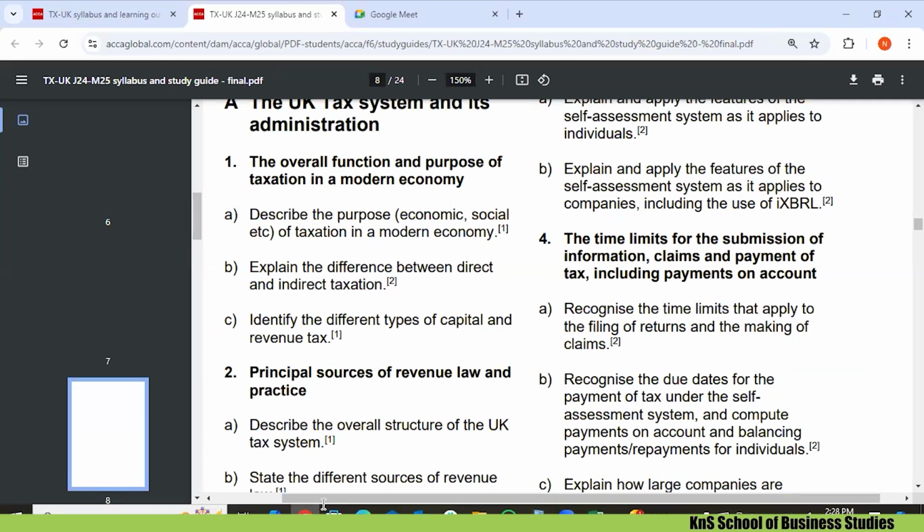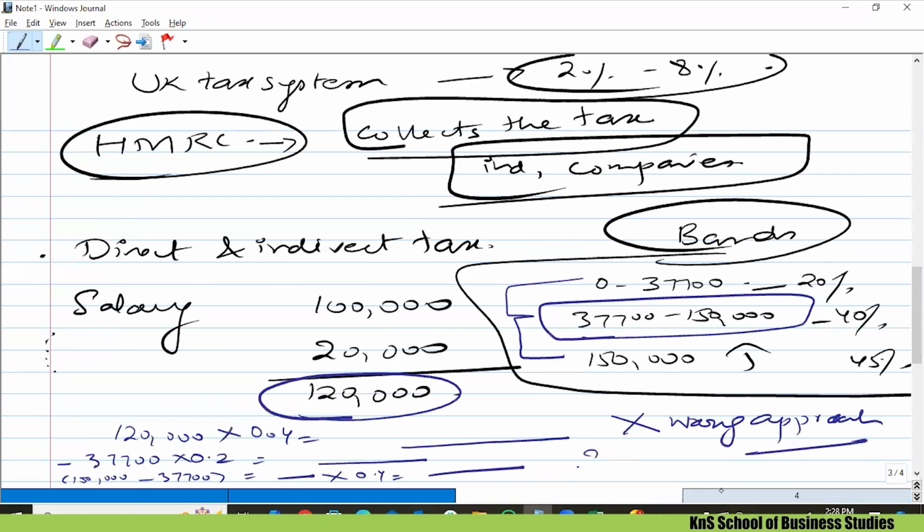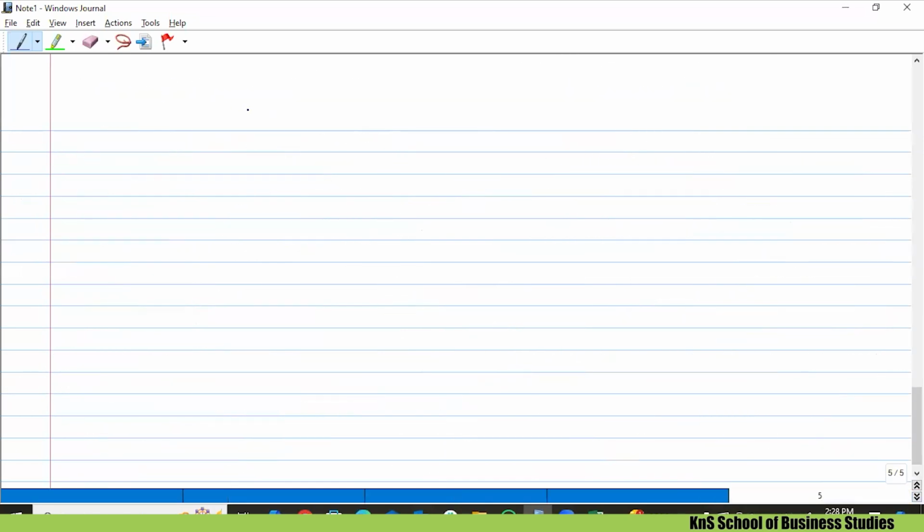Then there are types of taxes, like capital tax and revenue tax. See, if there are some people or some classes in an economy that do not pay the tax, the purpose doesn't get fulfilled. In every economy, it's never possible that every individual will have the same income.